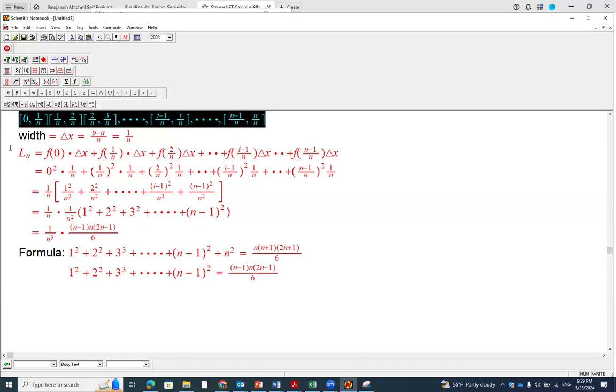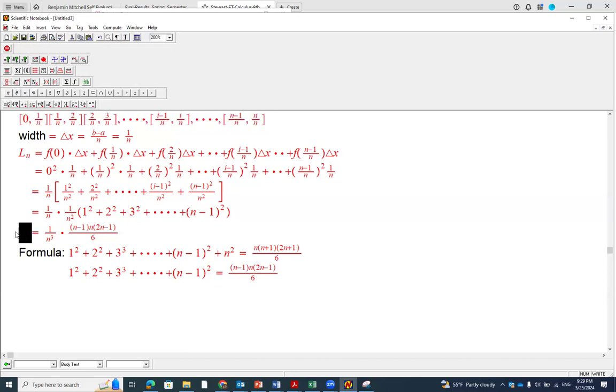Okay, so we got a capital L of n equal to the whole of these. And the next question is, what if we take the limit as n approaches infinity? So this is when the limit kicks in. So we're going to take the limit.